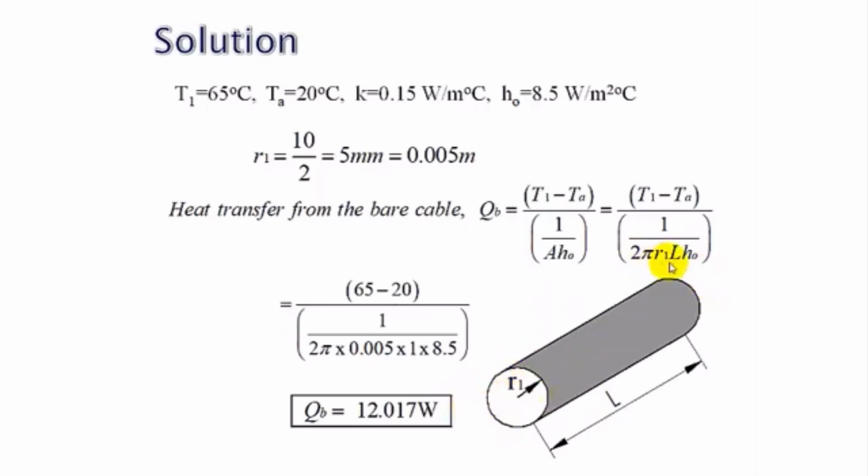So you write 65 minus 20 divided by 1 over 2 pi R1 L h0, with R1 as 0.005, length taken as 1 meter, and h0 as 8.5. You will get the heat transfer from the bare wire as 12.017 watts.